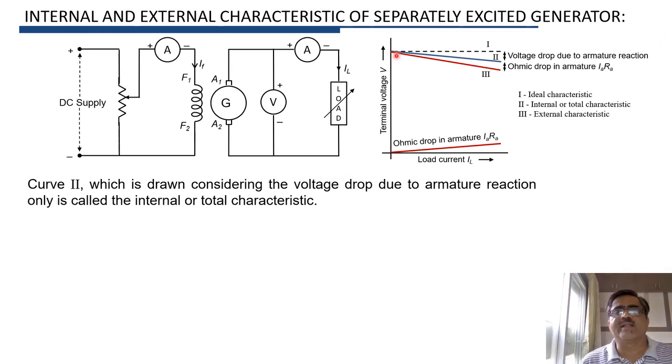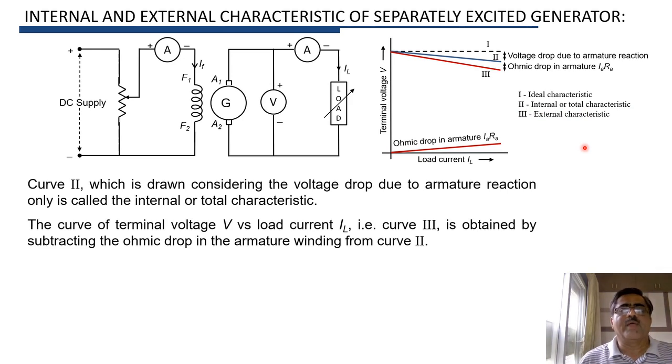This characteristic curve 2 is called internal or total characteristic. Now the curve of terminal voltage V and load current IL is the characteristic curve 3.